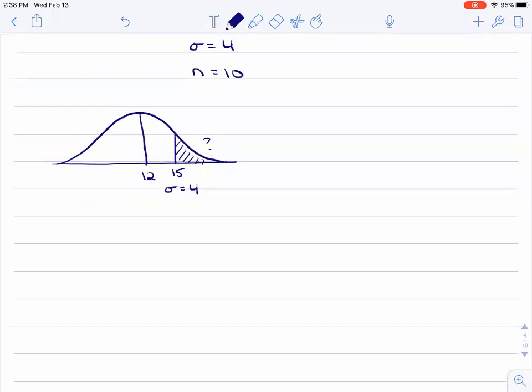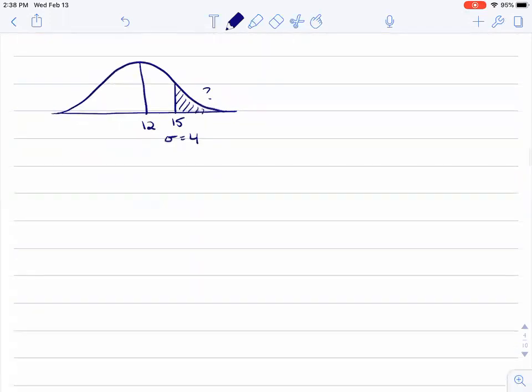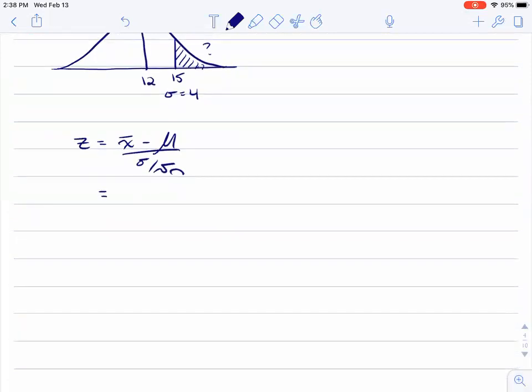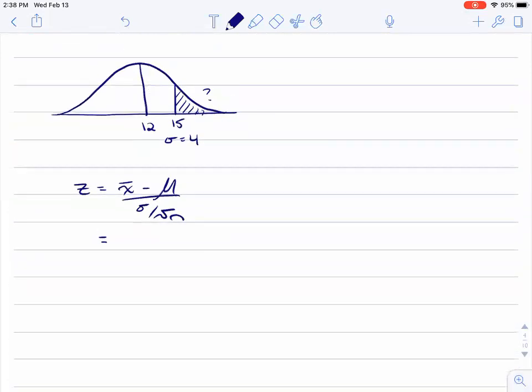We know how to do this for a single observation, so we can just calculate our z-score. Keeping in mind that now we're talking about the mean of 15, z is x bar minus mu over sigma over root n. X bar is our 15. We want to know how far 15 is from 12.